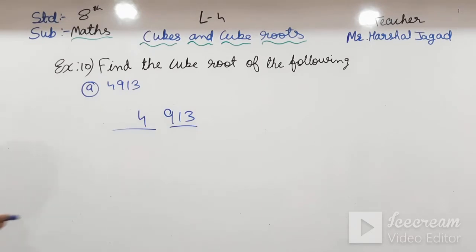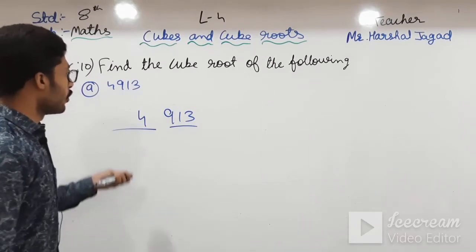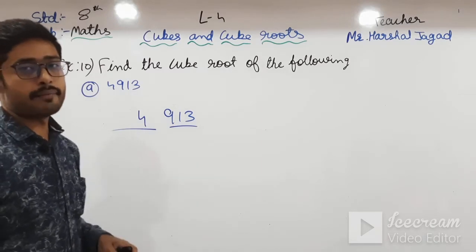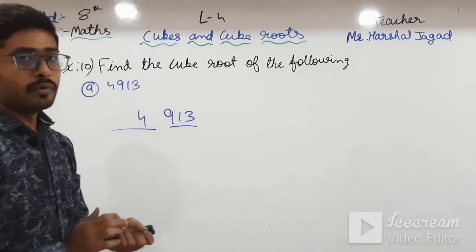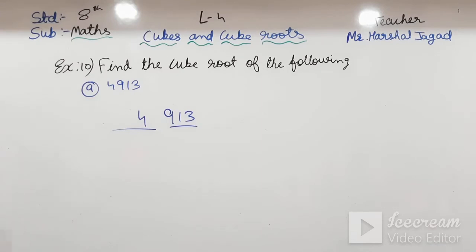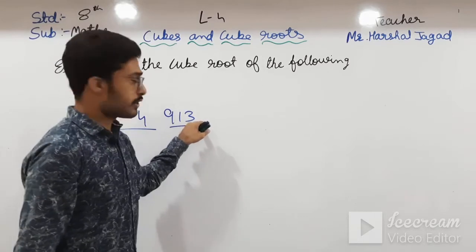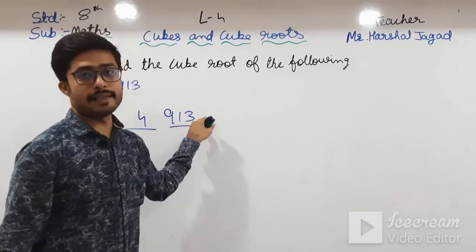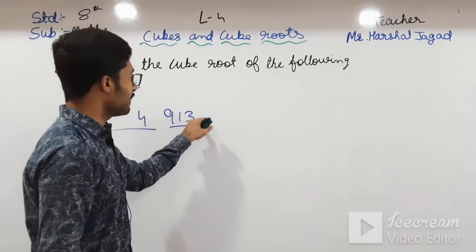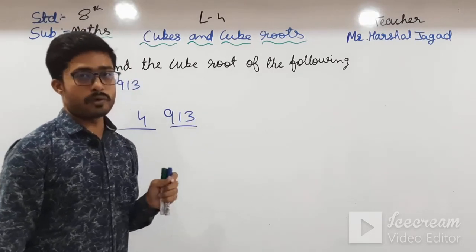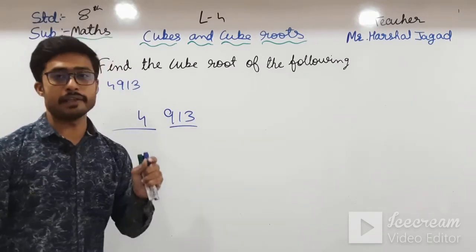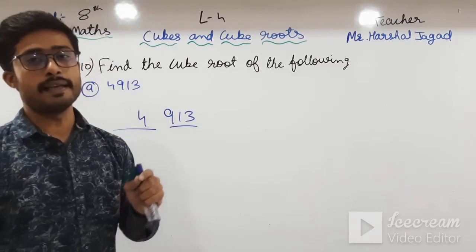So its cube root has 2 digits, because it has 2 groups. Next, the unit place of the first group will decide the unit digit of the cube root. See here, the first group's unit digit will decide its cube root. So here it is 3, so its cube root's unit digit should be 7.